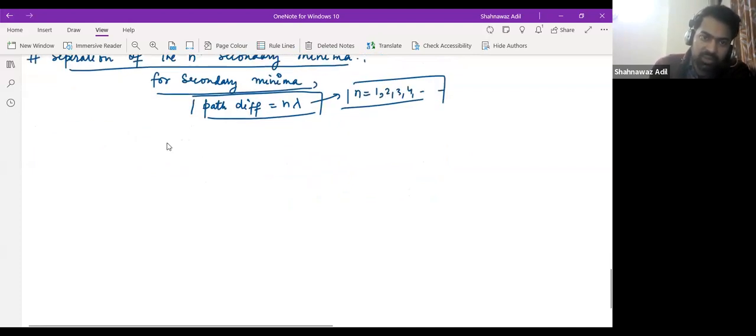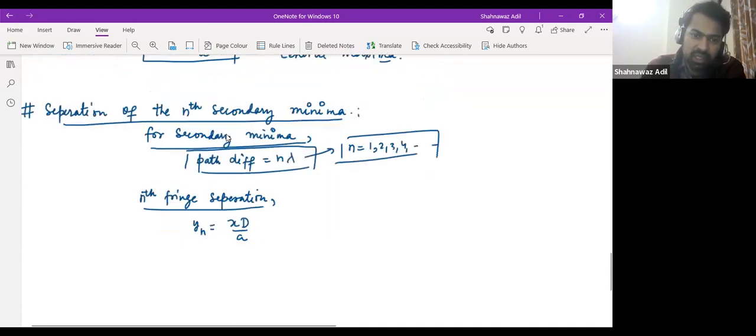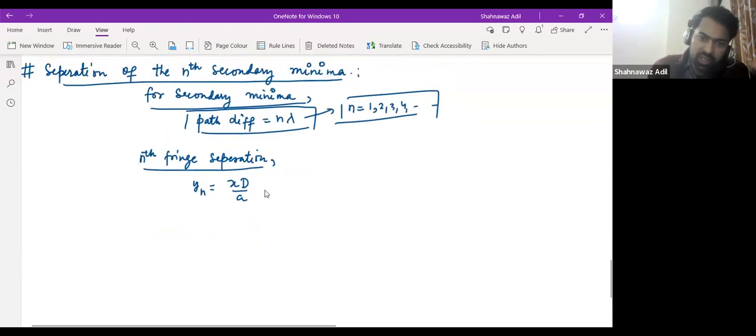But before that, let us find out the nth fringe separation. So the nth fringe separation would be how much? Yn is xd by a, so this would be n lambda d by a.